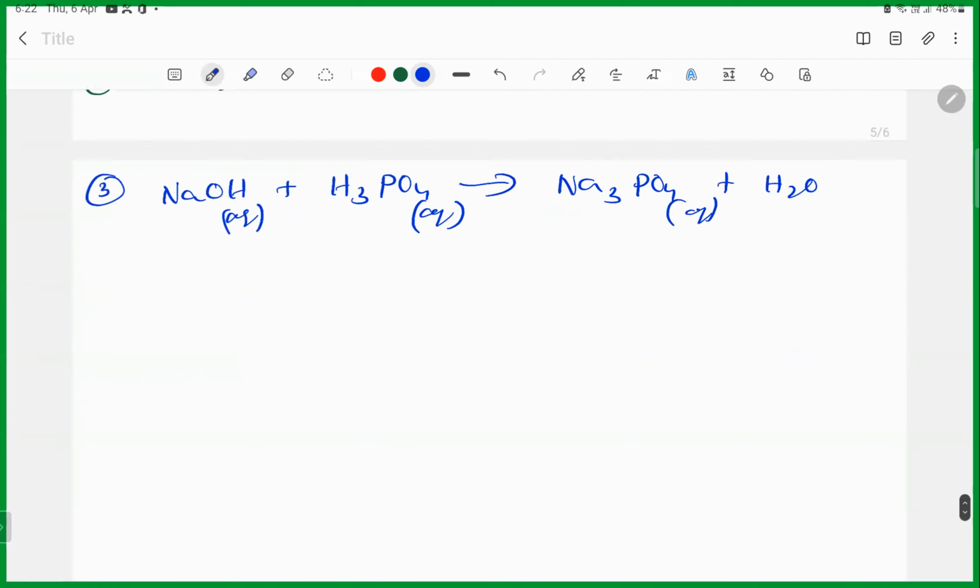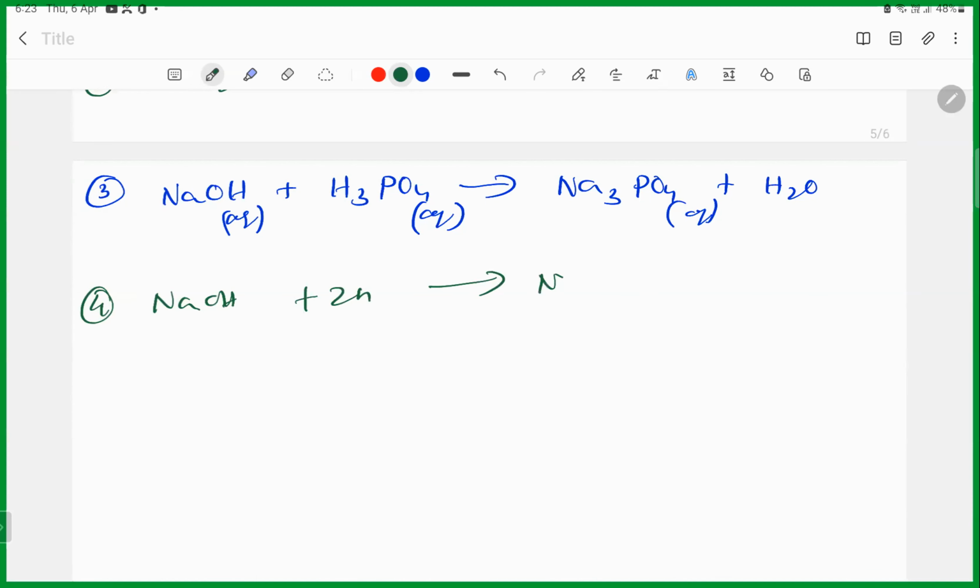And when sodium hydroxide reacts with zinc, it forms sodium zincate, Na2ZnO2, plus hydrogen gas.